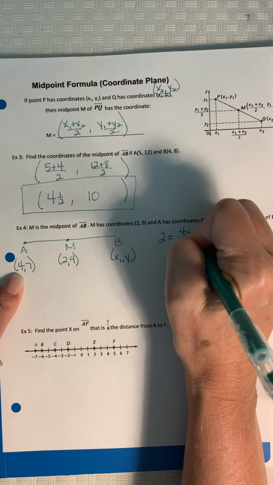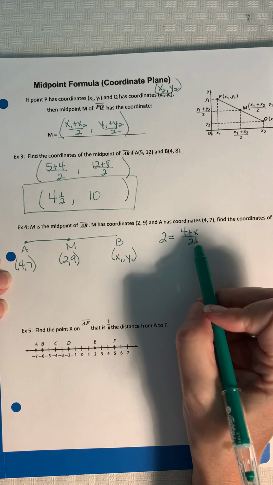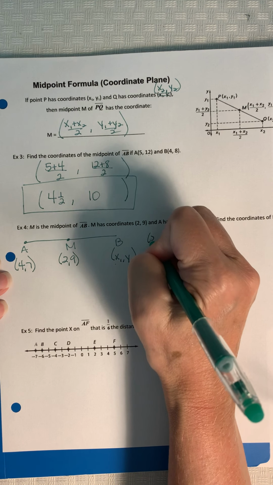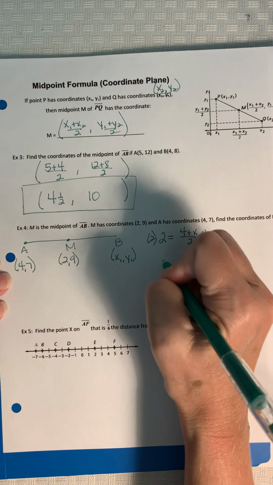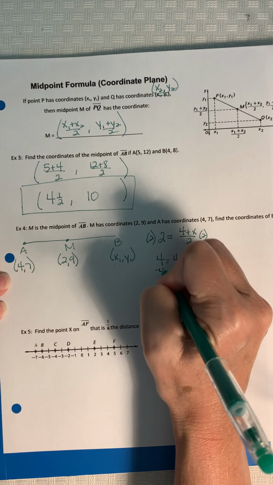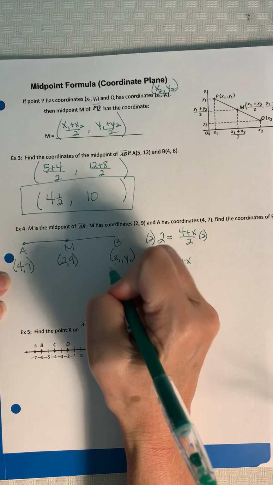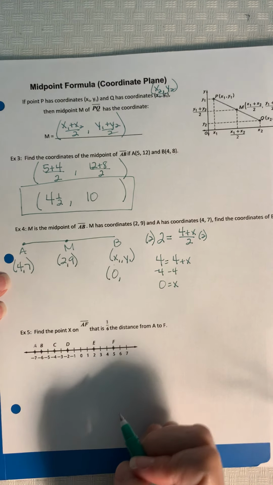So 4 plus x divided by 2. Now I'm just going to use my algebra to solve for x. So I'm going to multiply both sides by 2. And I will get 4 is equal to 4 plus x. Subtract 4 from both sides, and x will equal 0. So my x-coordinate is 0.